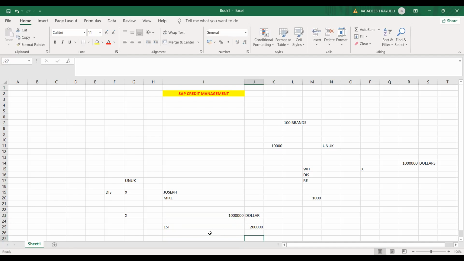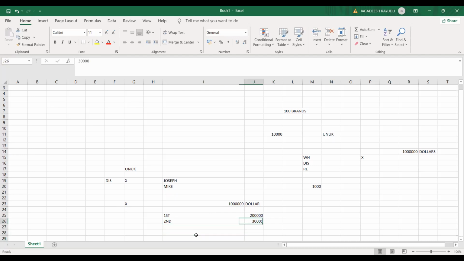So 2 lakh in the first order. In the second sales order, he raised 3 lakhs. 10 lakh dollars is my credit limit. So the total is 5 lakhs, which means he still has a credit limit of another 5 lakhs. I'm putting in the formula to sum this total.